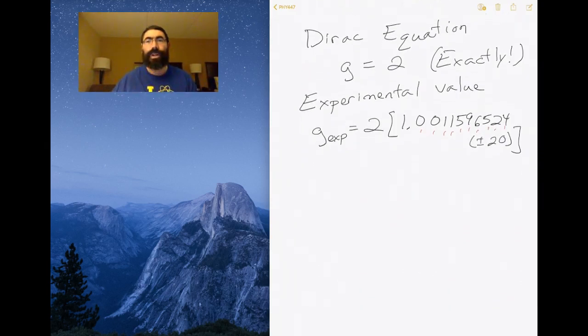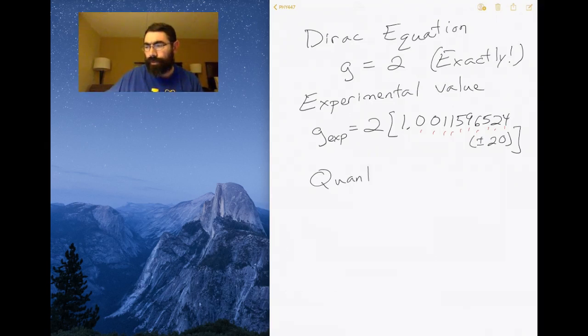And so the question is, where do all these other decimal places come from if Dirac derived it to be exactly 2? And it turns out that these are quantum mechanical corrections that you would get if you were to use Feynman and Schwinger and Tomonaga's quantum electrodynamics.